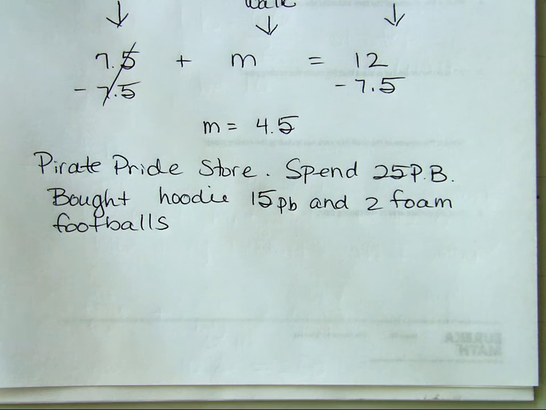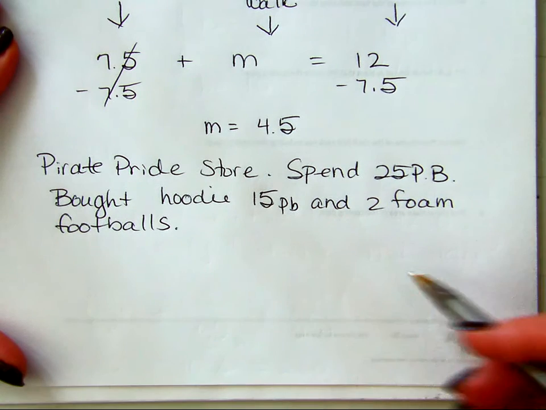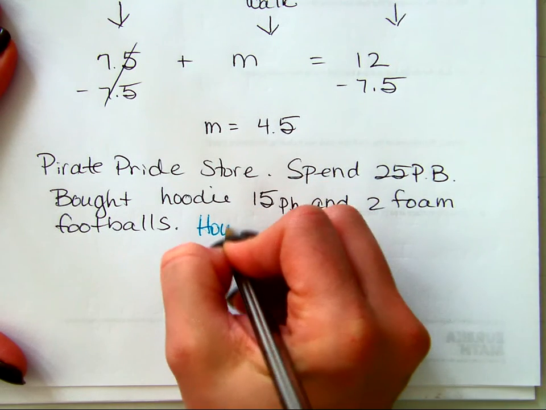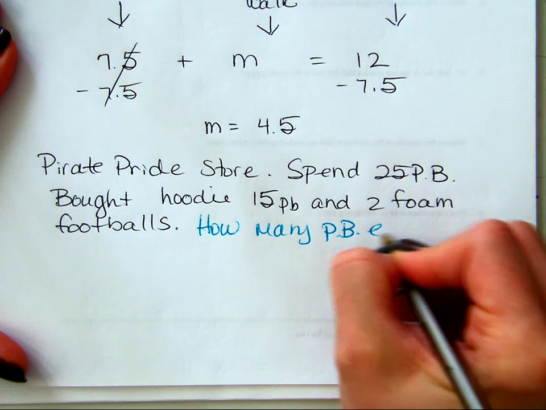This question might not be as obvious. What's missing? What don't you know? Yeah. How many Pirate Bucks was each football? So, write and solve an equation to figure out how many Pirate Bucks each football was.